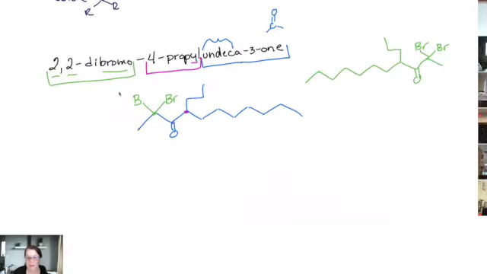Not so bad, right? Okay, so that's the secret for doing it from the name to the structure. And I'll give you lots of practice problems. The secret is from the name, you want to start at the right-hand side of the name, do the root and the suffix first, and then break these into little chunks where you have a number and a substituent together.